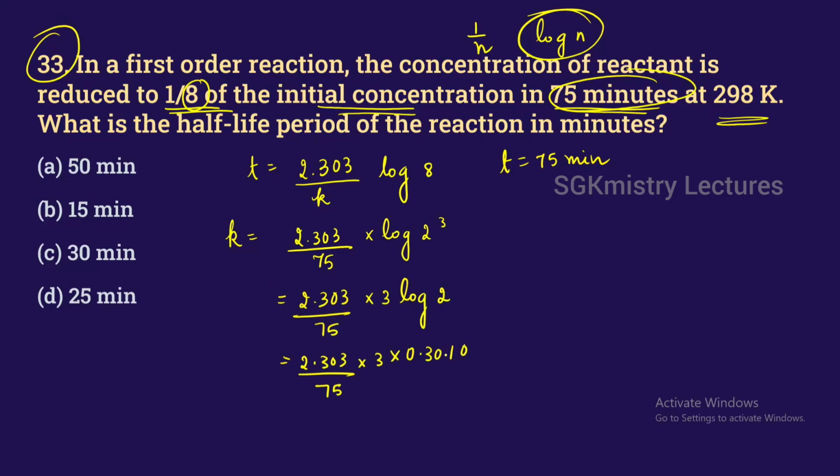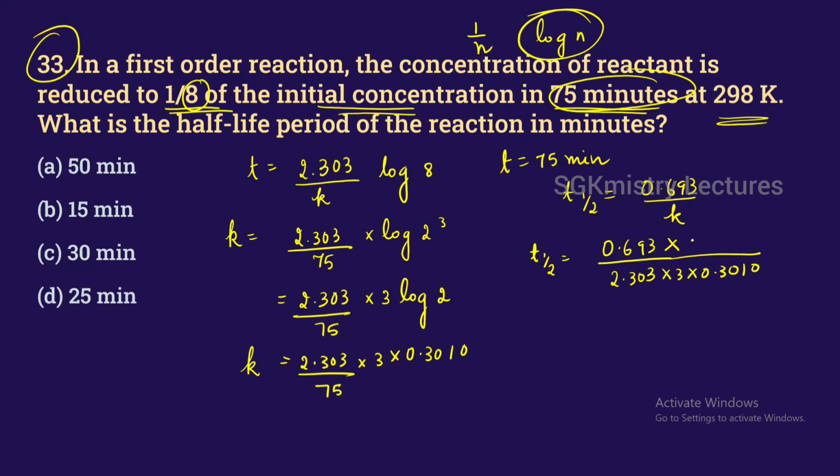Let me just keep it as such, that is K. Now T half is 0.693 by K. So they have asked you to find out the half-life. So T half is equal to 0.693. Now substitute the value of K: 2.303 into 3 into 0.3010. 75 will be taken above, right?